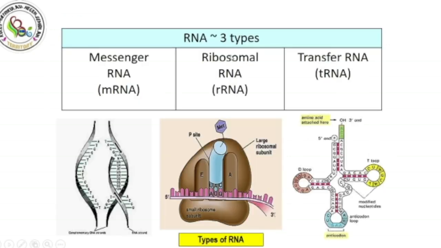There are three types of RNA. First, messenger RNA, mRNA. Second, ribosomal RNA, rRNA. And the third one is transfer RNA, tRNA.